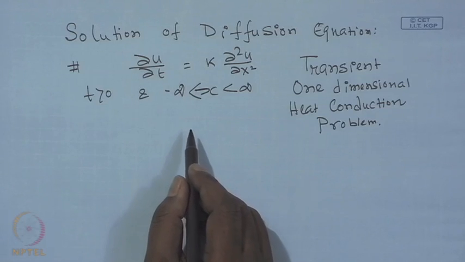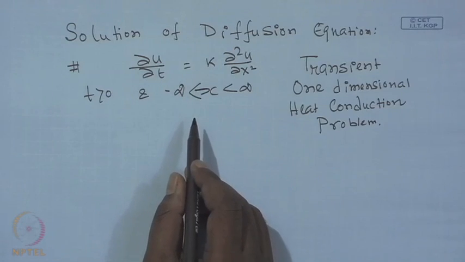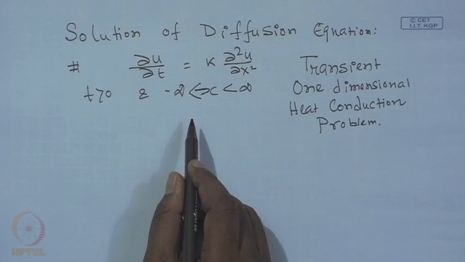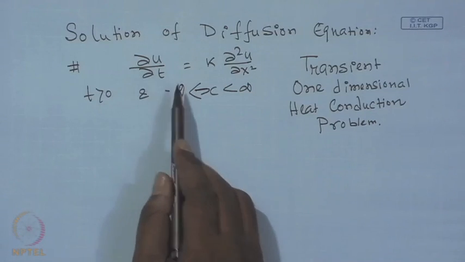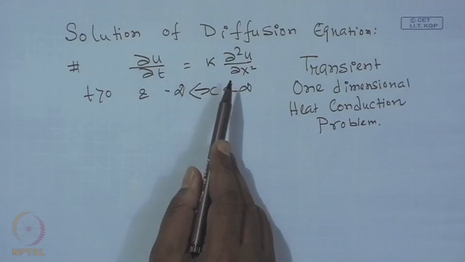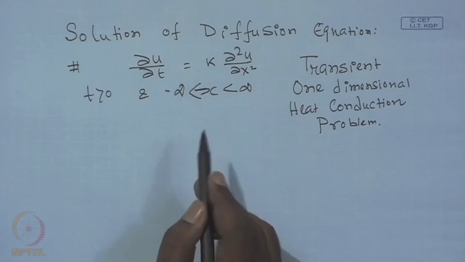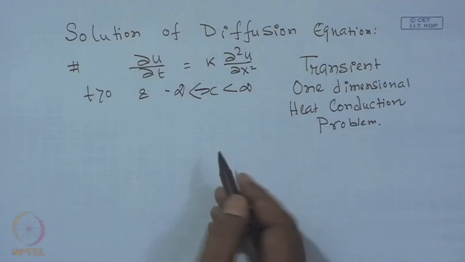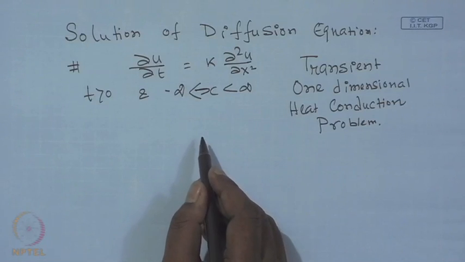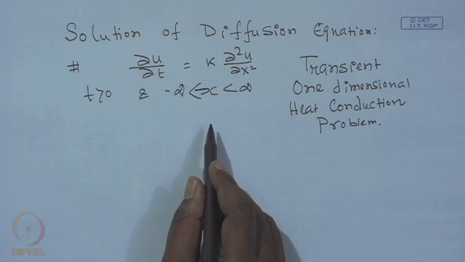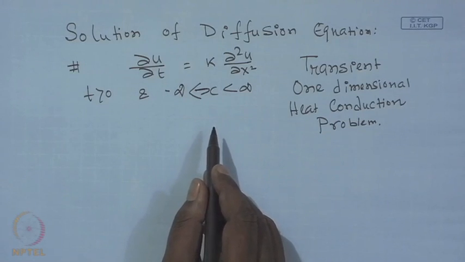On the other hand, if you remember the problem definition of what we have done earlier, the one dimensional transient heat conduction problem, the definition remains the same, del u del t is equal to alpha del square u del x square, where alpha is nothing but the thermal diffusivity. But if you remember, the boundary conditions were at x is equal to 0, u is equal to 0, and at x is equal to L or A, u is equal to.